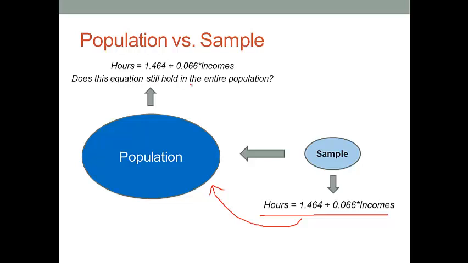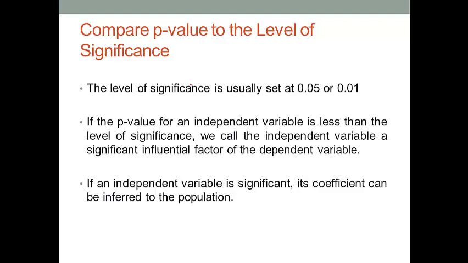In order to achieve this goal, we want to compare p-values to the level of significance. In practice, the level of significance is usually set at 0.05 or 0.01. These are the standards for us to infer the relationship from the sample to the population.